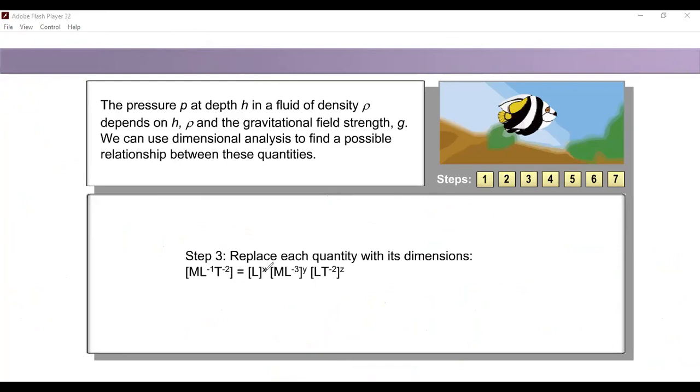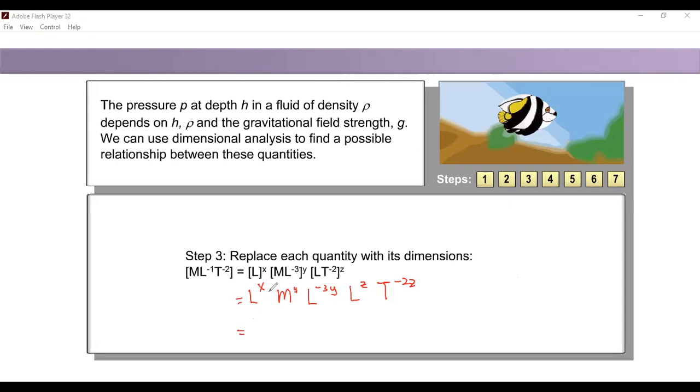First, L is X, right? From here, I expand. This will be LX. M, Y. M times Y. L, negative 3Y. This L, Z. T, negative 2Z.